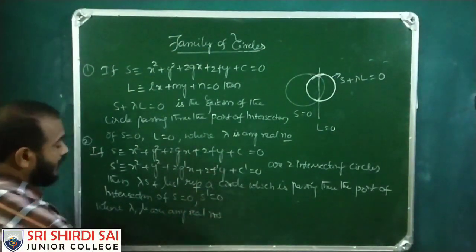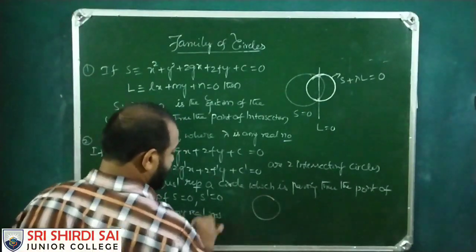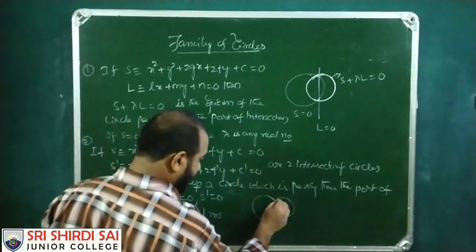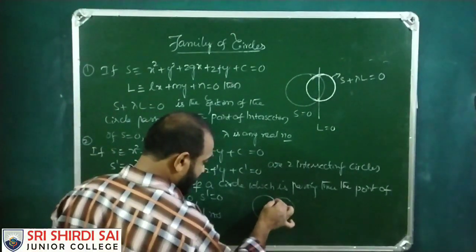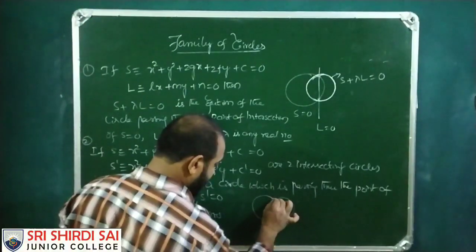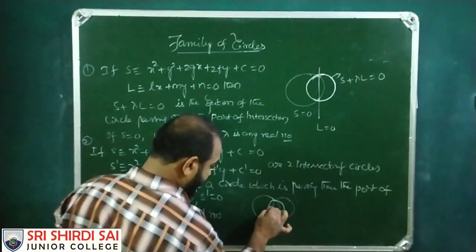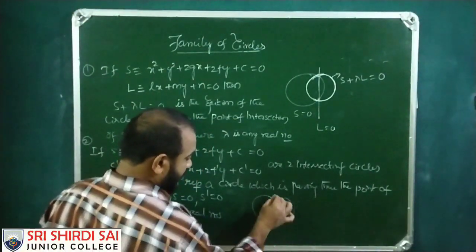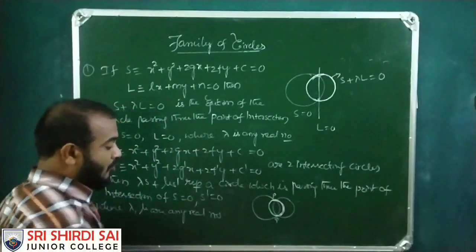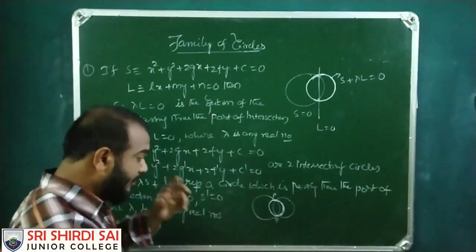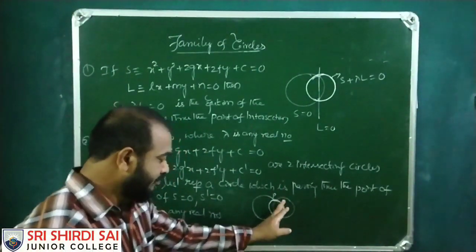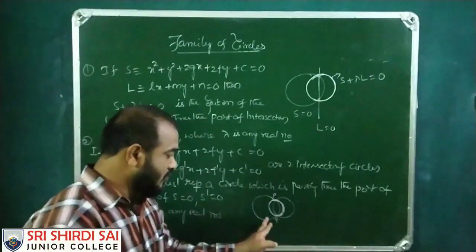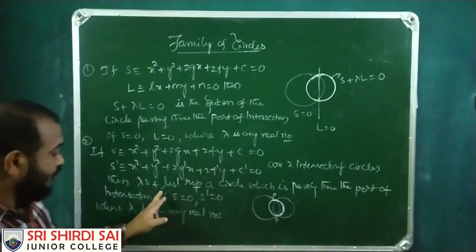What I am trying to tell you is that, suppose this is S equals 0 and this is S dash equals 0. Both are intersecting at this point. So there will be one circle passing through the point of intersection of these two circles. P comma Q are the points of intersection of these two circles, and there will be a circle passing through P and Q, of the form lambda S plus mu S dash.